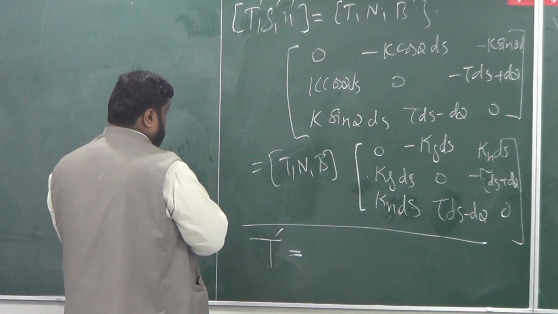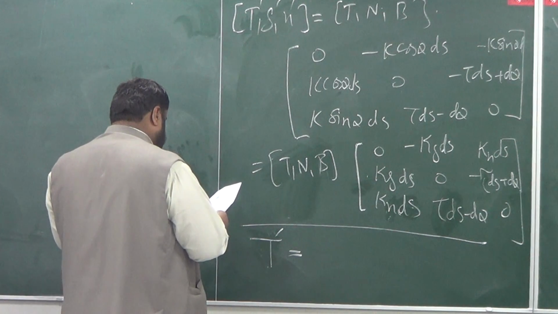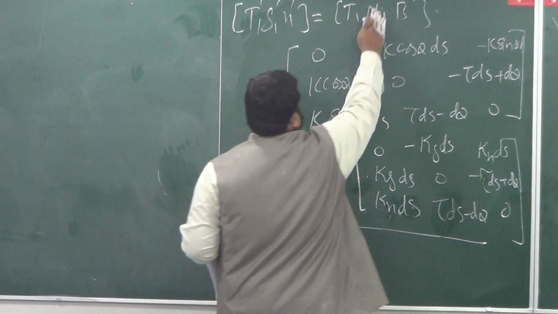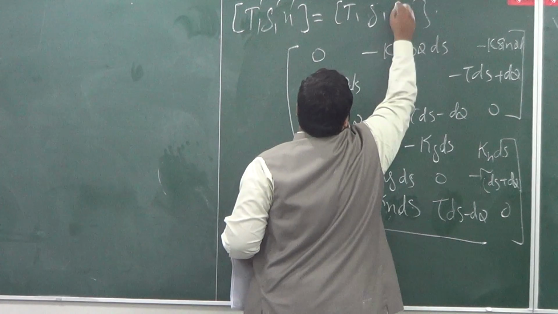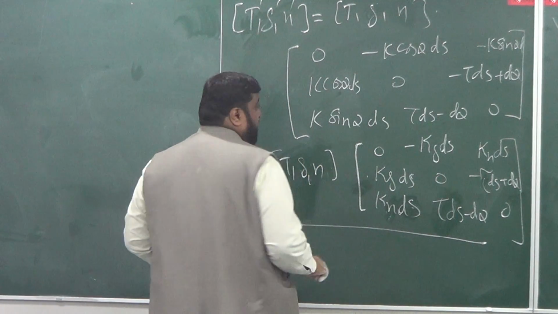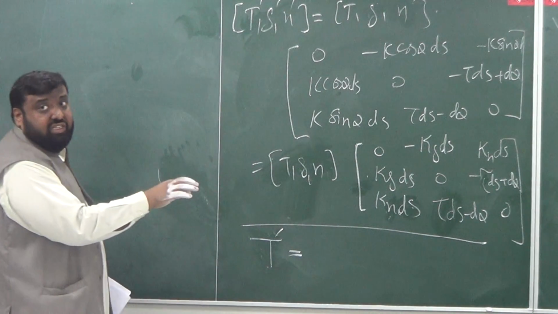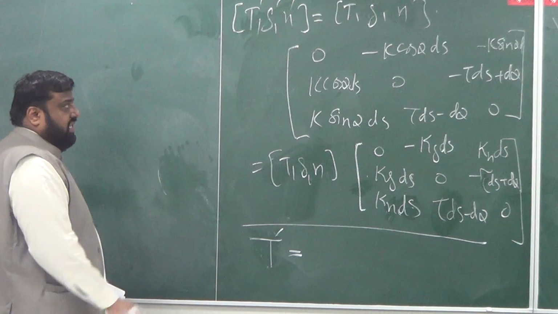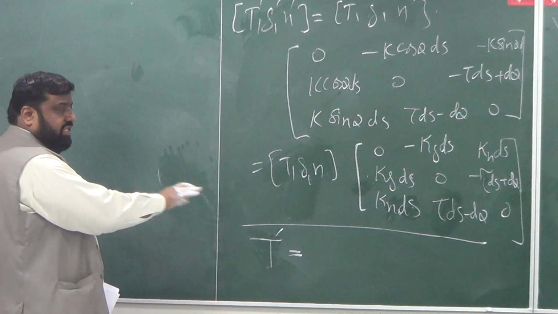Is it T and G or T G N? As per the calculation of this guy, it's T G N. So verify this calculation. It's just simply taking the differentiation with respect to s. So the claim is that we're going to get this.